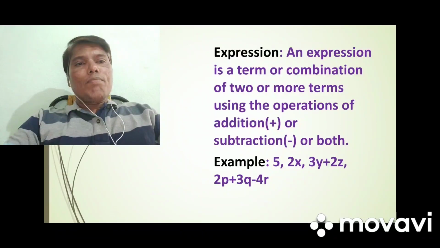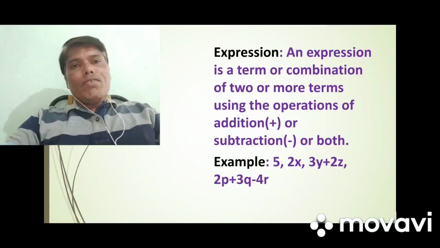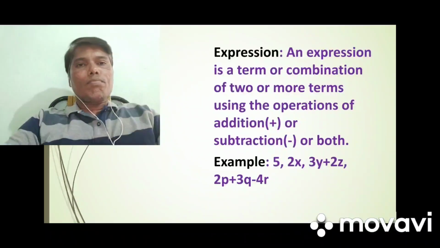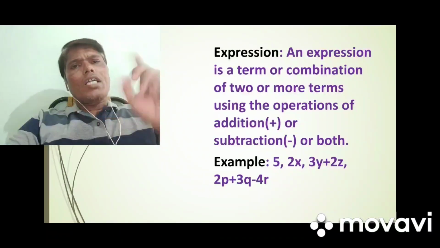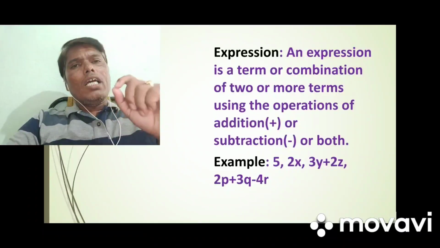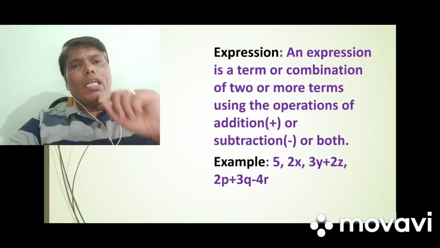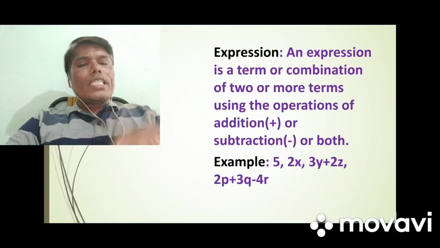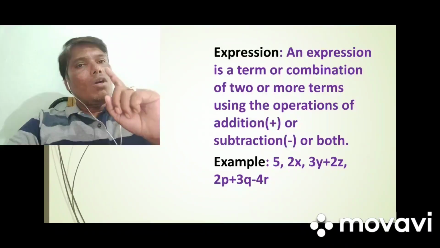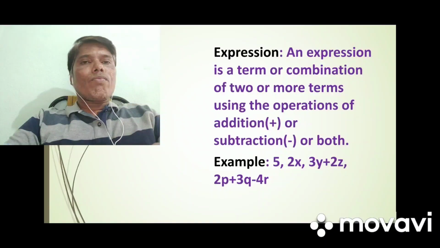For example, 5, it is an expression having only one term. Each and every constant is an expression. These come under numerical expressions. Next example, 2x, it is an algebraic expression having only one term.